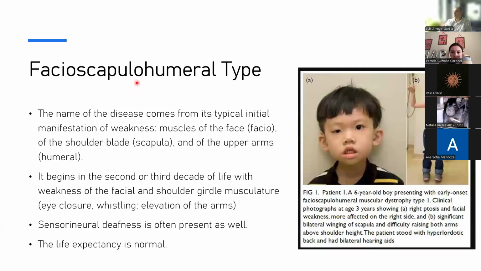Then we have the name of the disease, which comes from the typical initial manifestation of weakness, muscle face. They begin in the second or third decade of life. Closing, whistling, elevation of the arms.